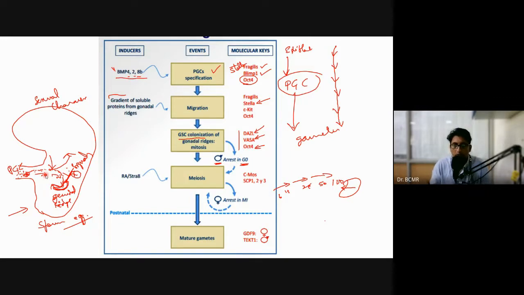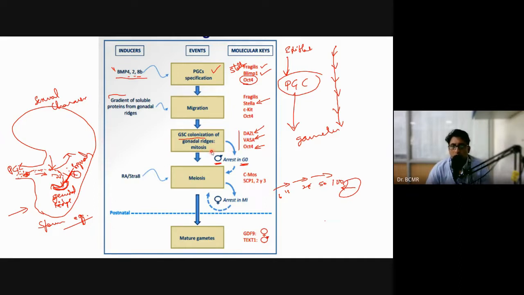That's in males. In humans. And only upon maturity, they would re-enter the cell cycle and undergo meiosis and keep on producing mature gametes. So we'll just look at what would happen to the male first.